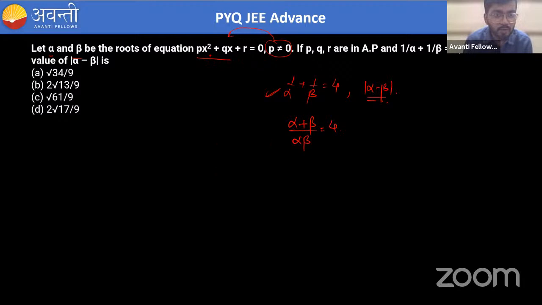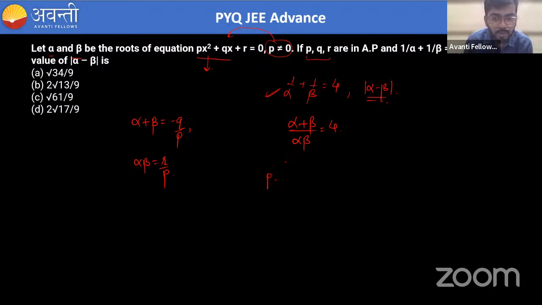So, first of all, if alpha beta are the roots of this equation, then alpha plus beta will be equals to minus q upon p, and alpha beta will be equals to r upon p, right? And one more relation that we know is that p, q, r are in AP.